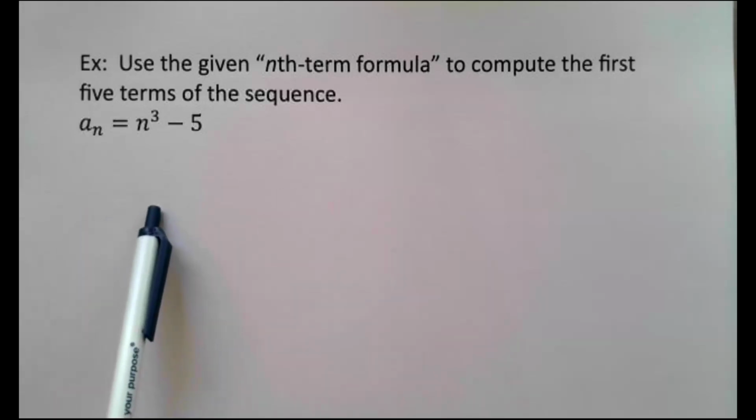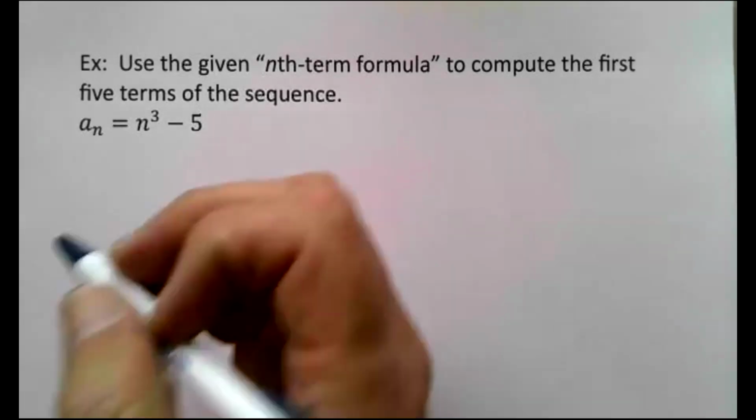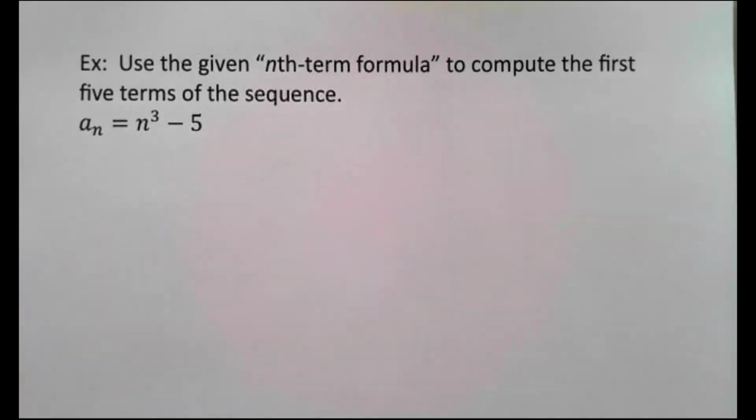Let's talk about what kind of sequence it is describing. So when we have a sequence, we're going to learn new notation here. We're going to call the first term of the sequence a sub 1.